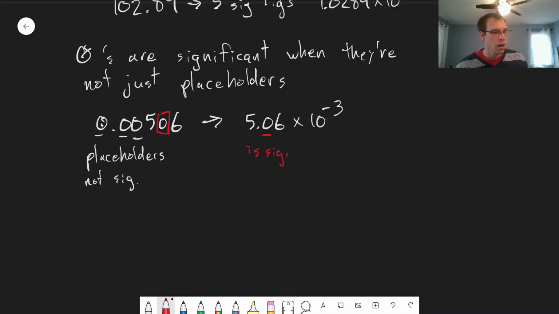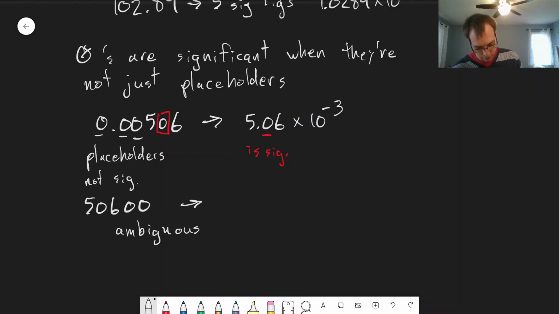Okay. What about if we have a trailing 0, right? So maybe we have, instead of 5.06 times 10 to the minus 3, maybe we have 50600. This one is actually ambiguous, but probably only has 3 significant figures. It depends on whether those final 2 zeros are exactly 0 or this number has been rounded.